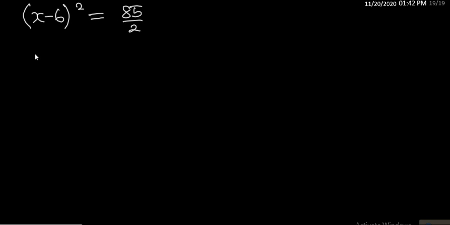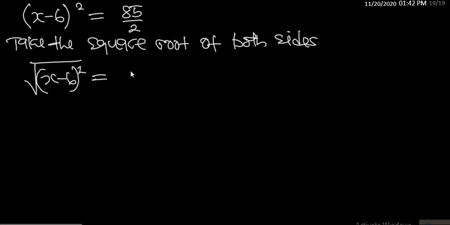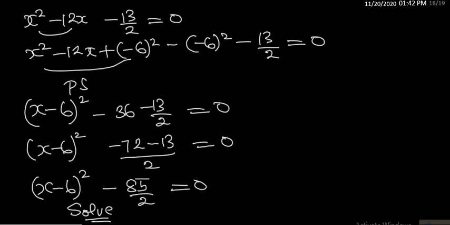And of course, taking the square root of both sides, it will give us the square root of x minus 6 squared equals plus or minus, how did we get that? 2 times 36 is 72, minus 72 minus 13 gives us minus 85.